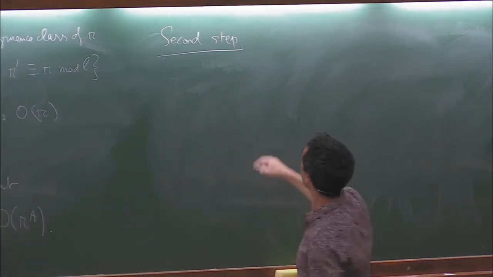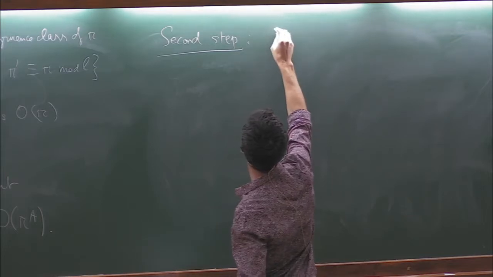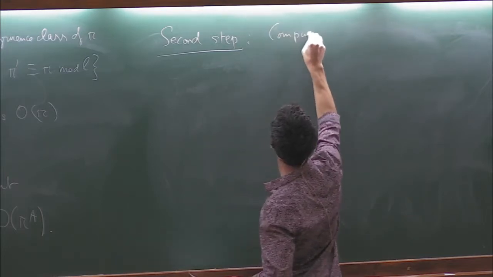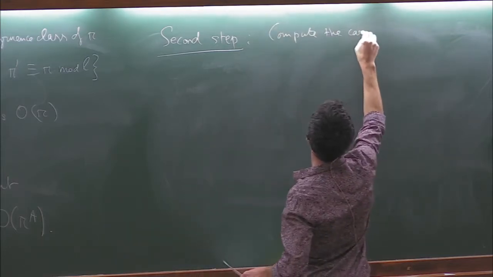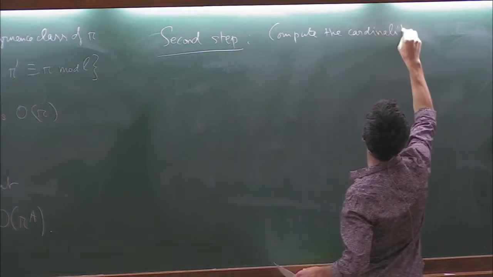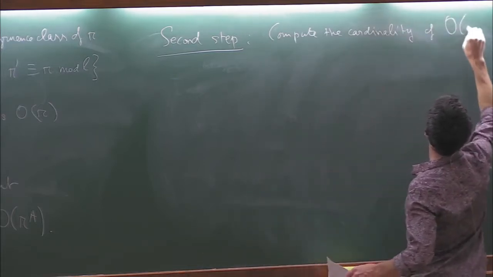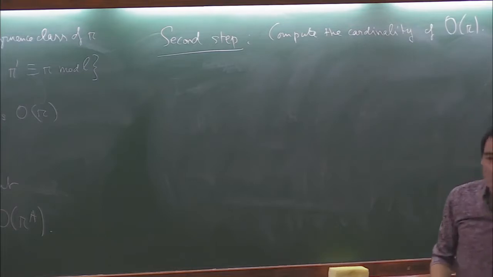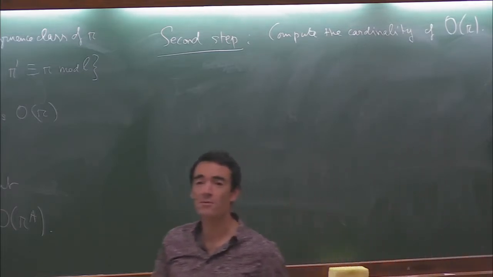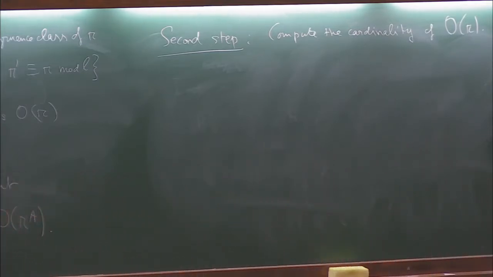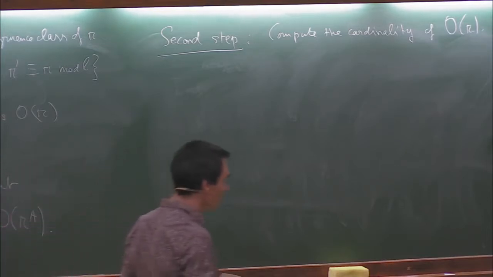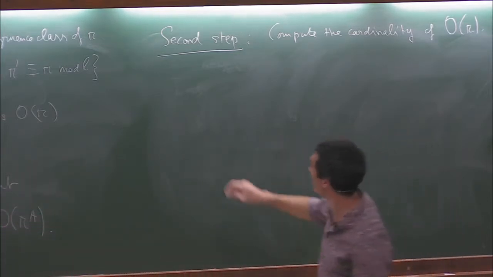So for this, the second step is to compute the cardinality of O of pi. The first problem is that O of pi is infinite. But it is not a big problem.